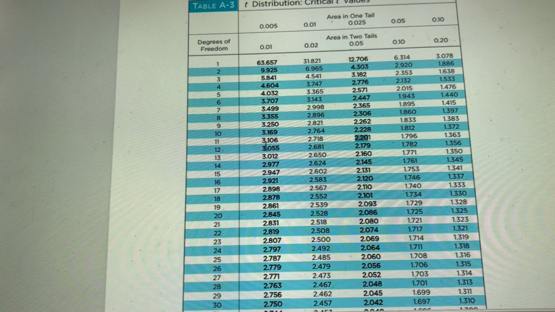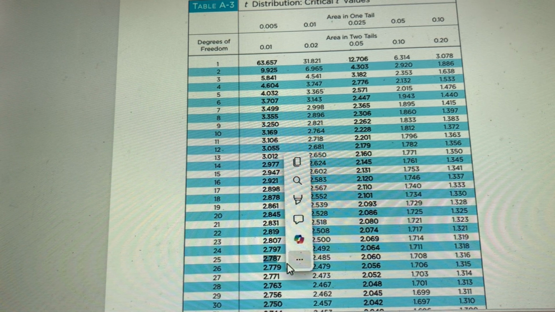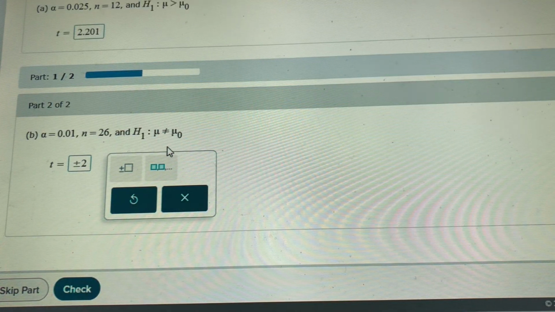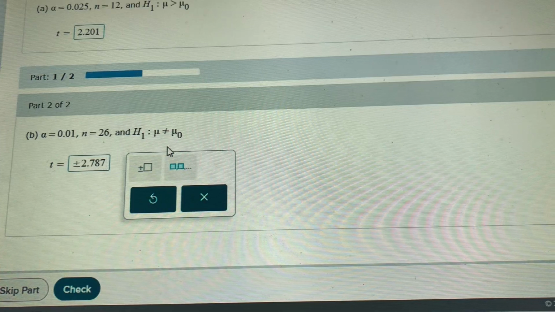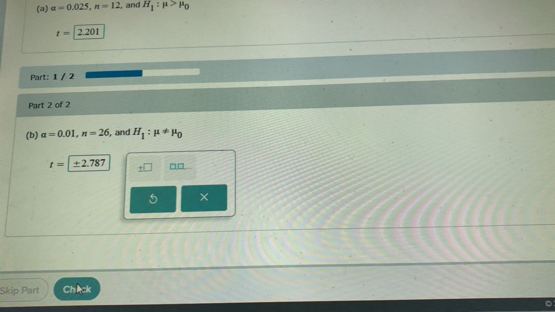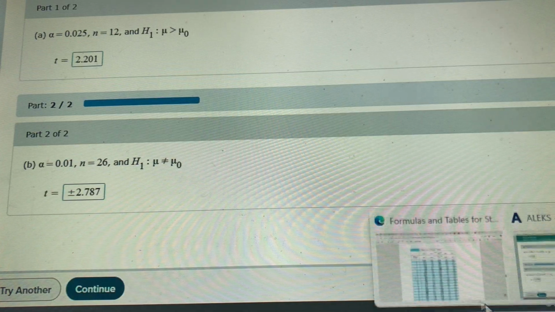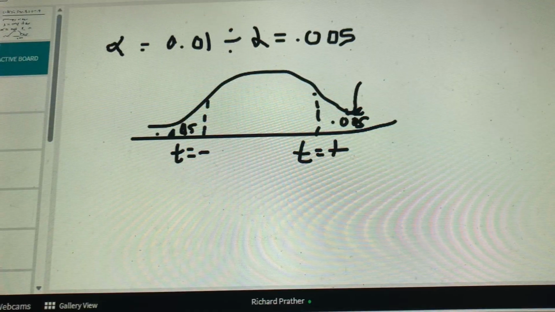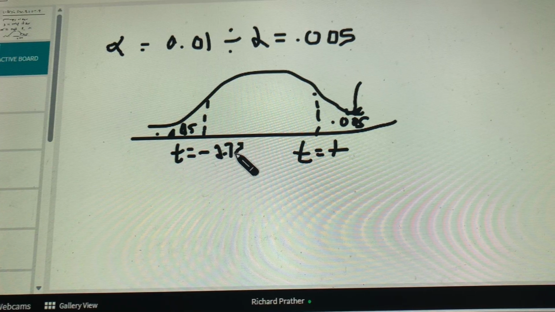And then go to 25 degrees of freedom: 2.787, but plus or minus 2.787. So if you were going to use the test statistic instead of the p-value method, it's 2.787 negative and positive.